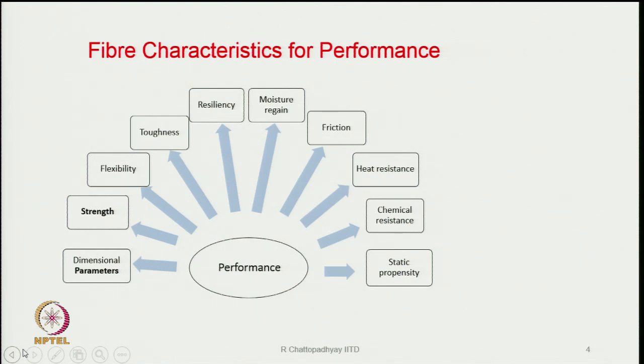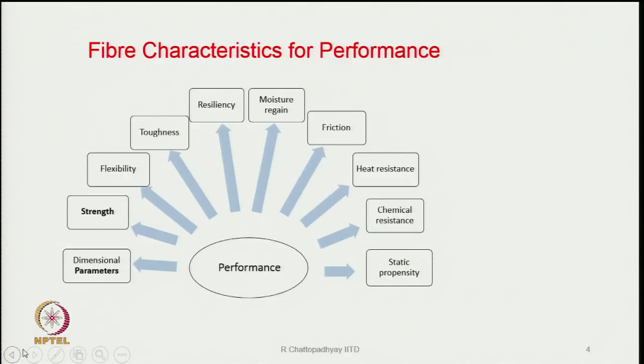Then the static propensity also could be important in some situations. So, typically these are the properties on which the performance will depend. Therefore, we must have a data bank of properties related to all these and keep it for use for different types of fibers that we have.